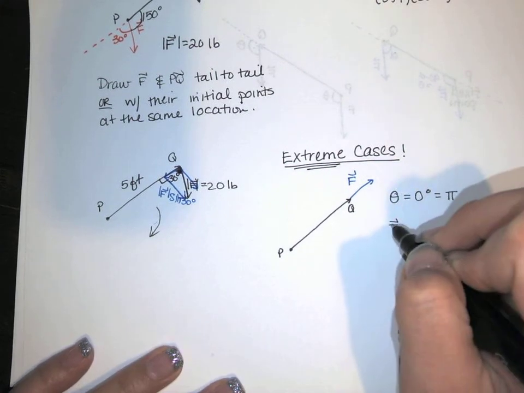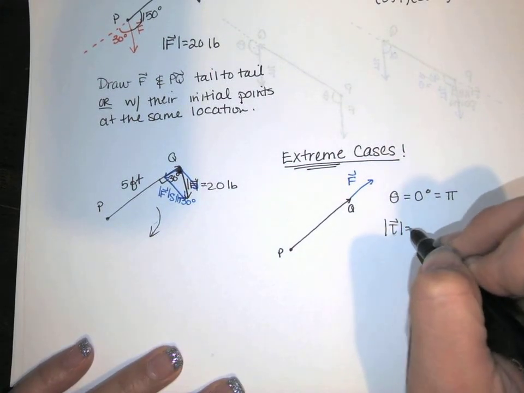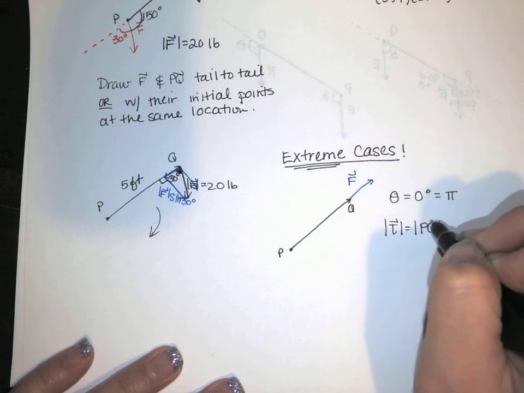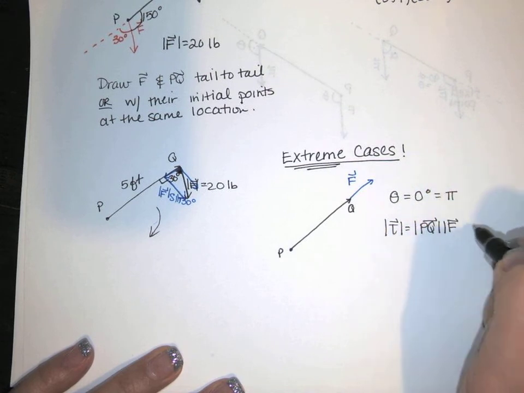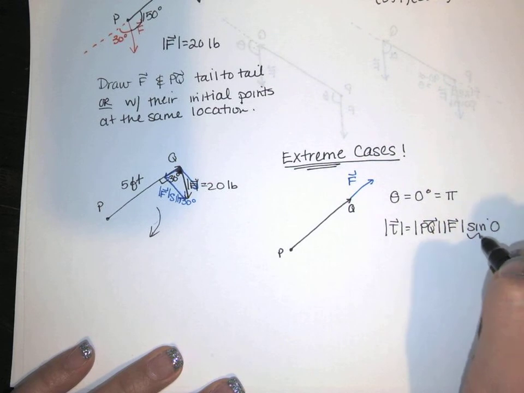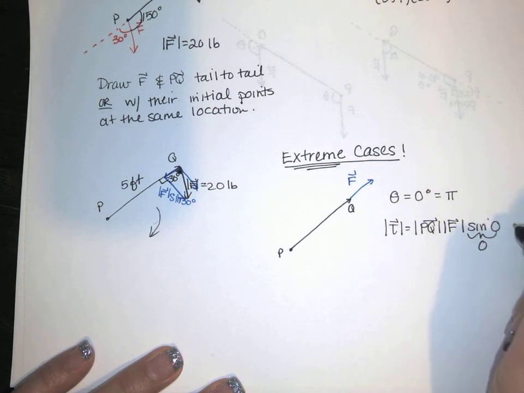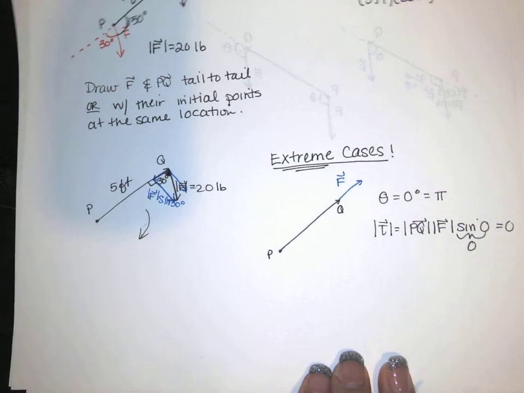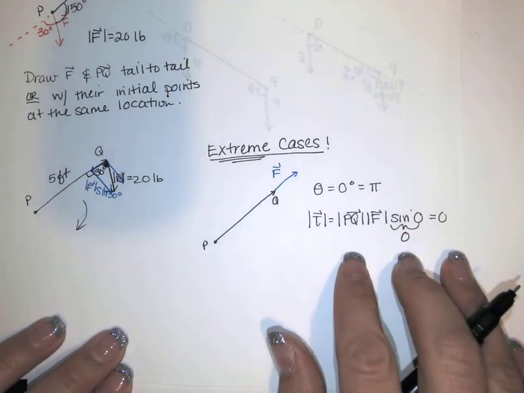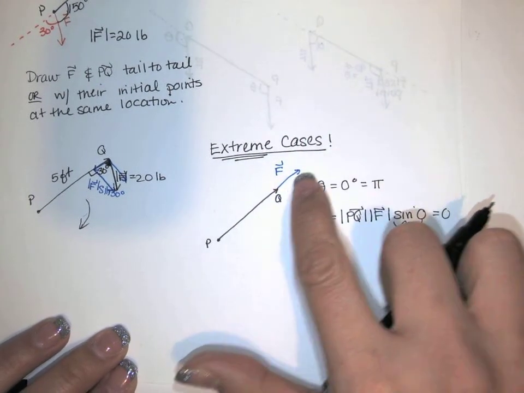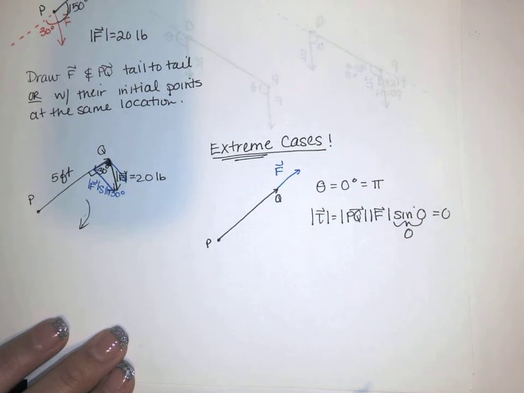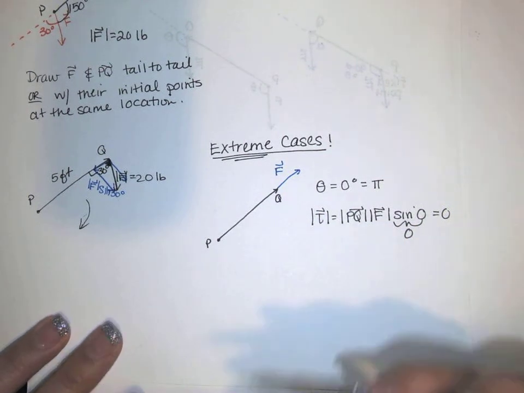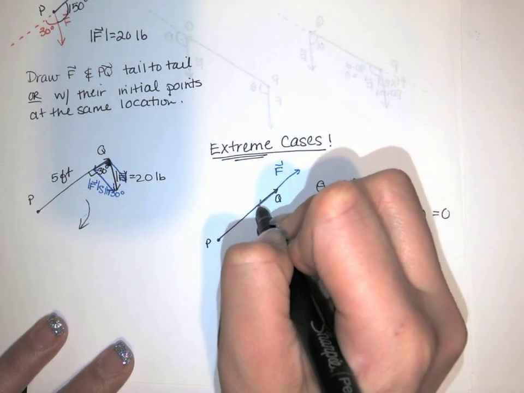If I take the cross product of two vectors that are parallel to each other, the angle between them is 0, well then I just get 0 there. So the magnitude of the torque, or the measure of the tendency to rotate, is 0 if the force is acting along the line that PQ is acting along. The same would be true if I went in the opposite direction.